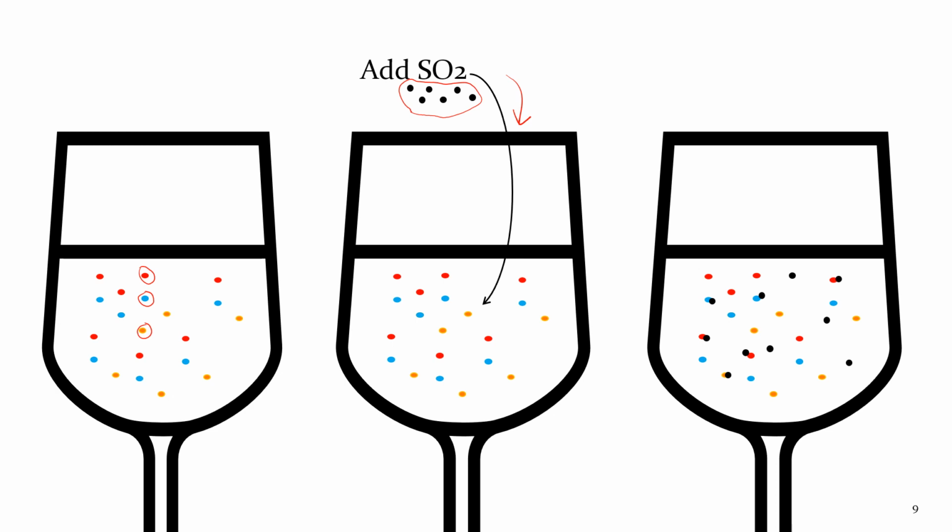So for example, on the right here, this is what results after the addition of SO2. We have some SO2 black circles that are actually bound to other molecules. There are other SO2 molecules that, when added to wine, are free.